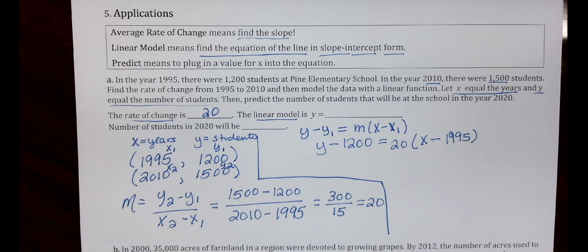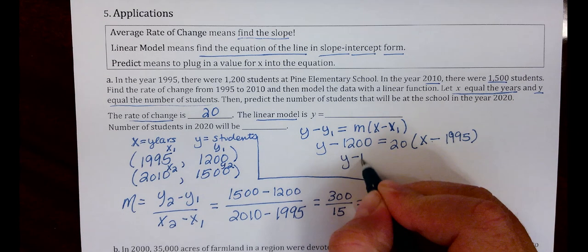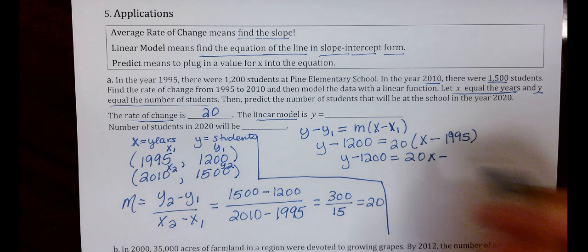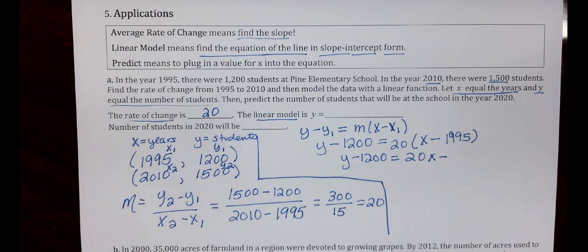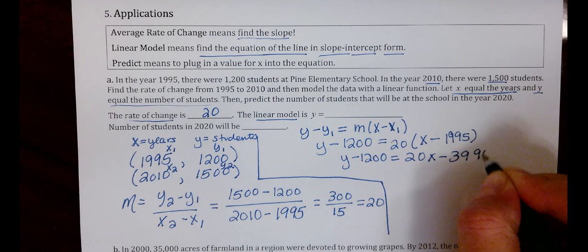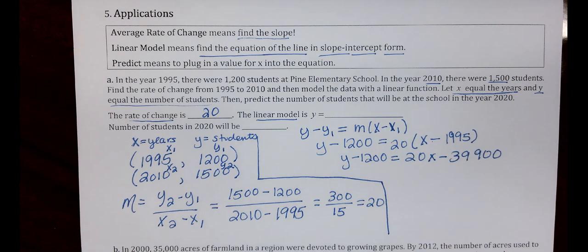So our next step is to distribute. So let's distribute the 20. Y minus 1,200 equals 20x minus 1995 times 20. So that's 39,900. And again, we're trying to solve for y.